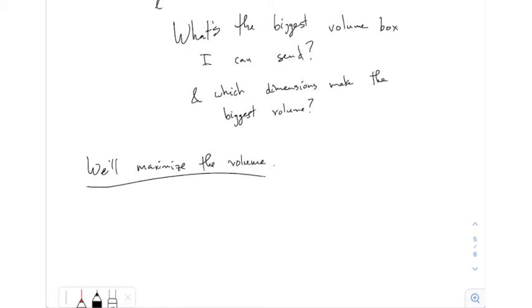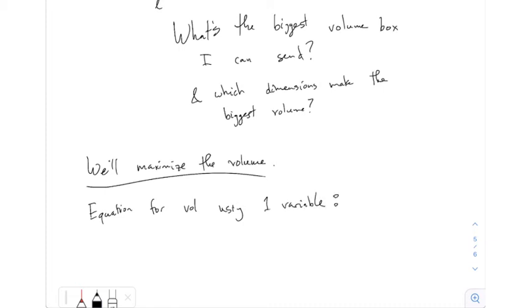Next order of business, write an equation for the volume using only one variable. This is the tricky part usually.